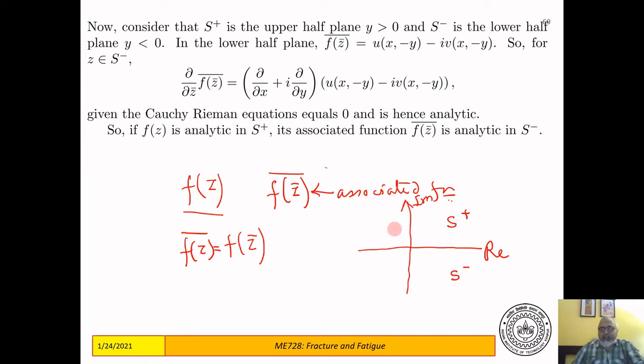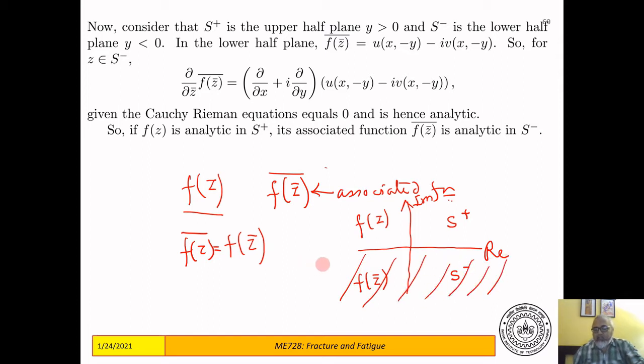and then in the upper half plane you have f(z) defined. And it is analytic in the upper half plane. The z̄'s all lie here, z̄'s all reside here. So the associated function is a function that is defined in the lower half plane S minus. So what it means is f(z) is a function which is analytic in the upper half plane, and the associated function is a function which is analytic in the lower half plane.